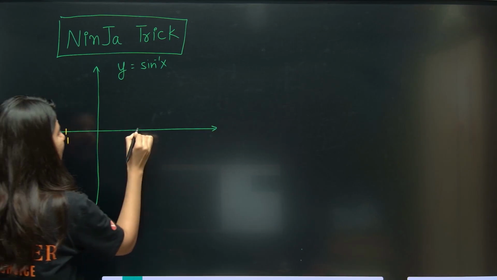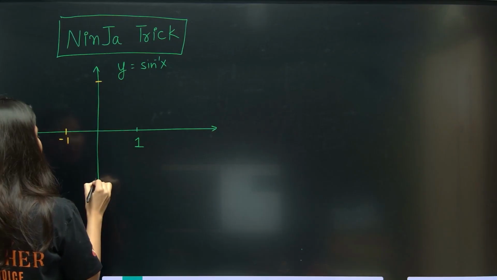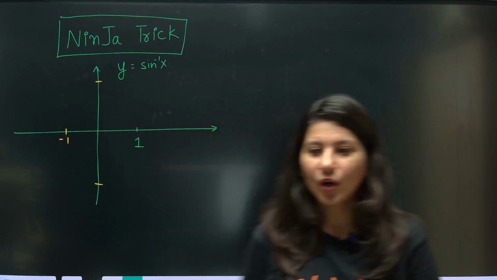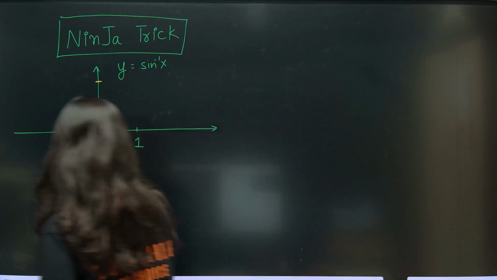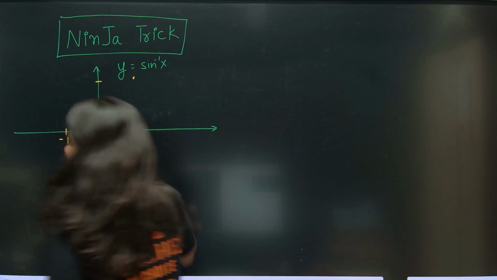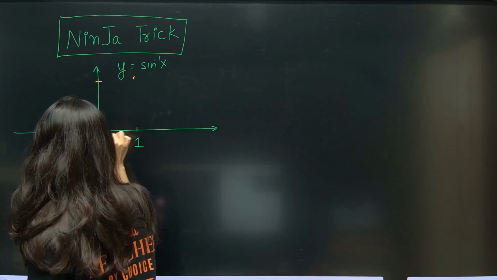So this is minus 1, this is plus 1. And the range is pi by 2 and minus pi by 2. Clear? And this is your graph.